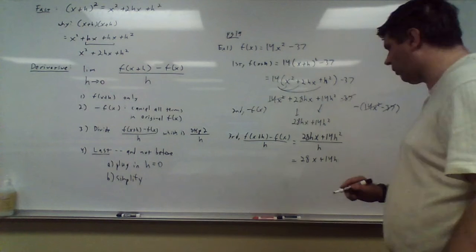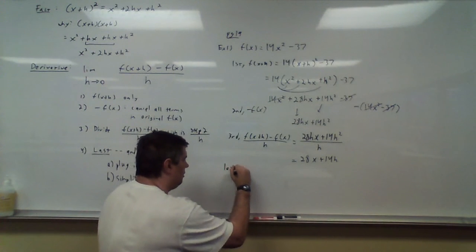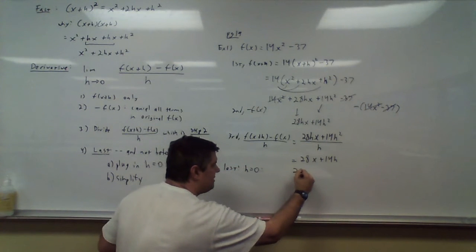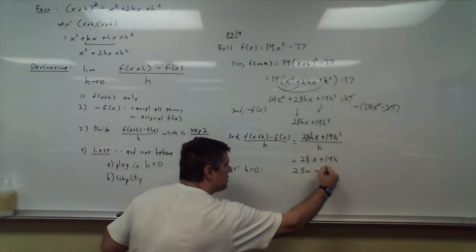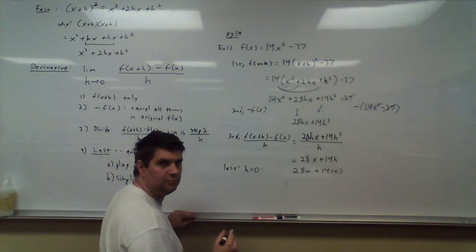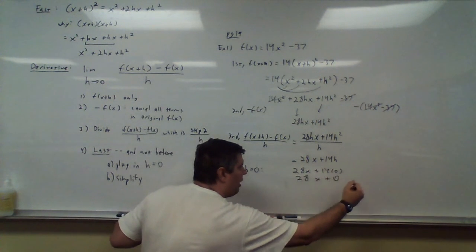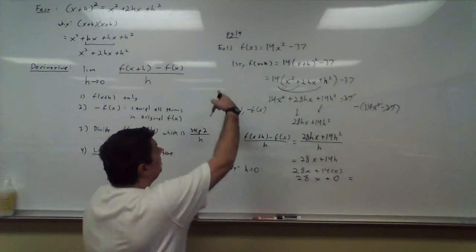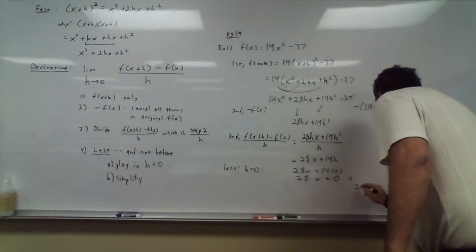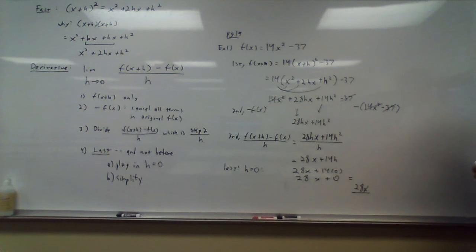Last, and not before, last, h equals 0, so I will have 28x plus 14 times 0. Okay, which gives me 28x plus 0. The derivative is 28x. That is your derivative.